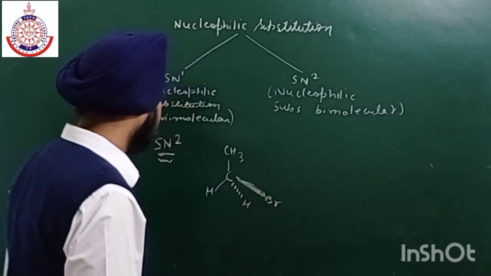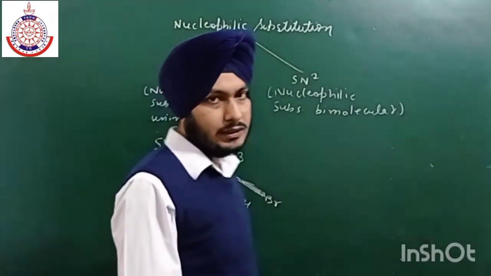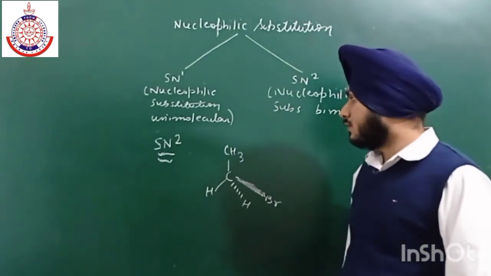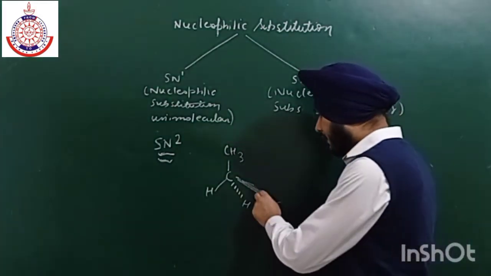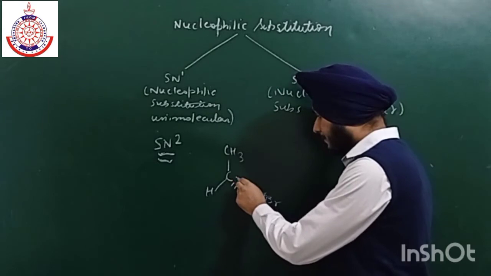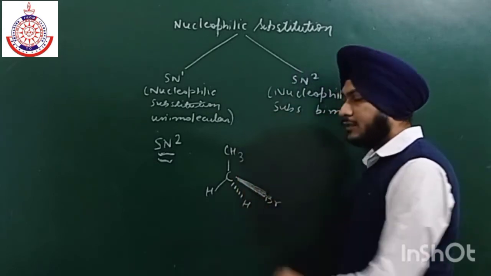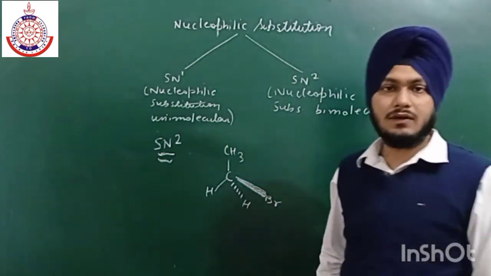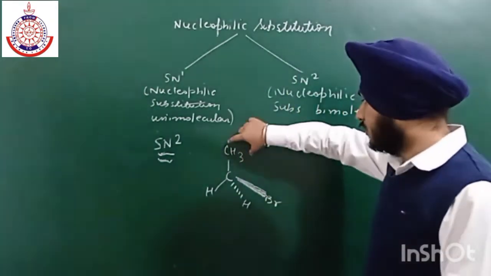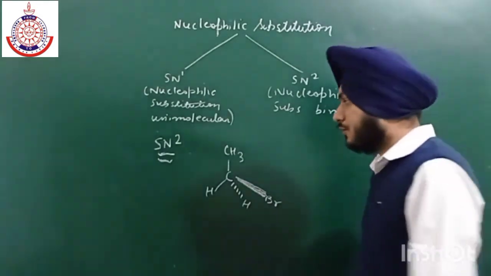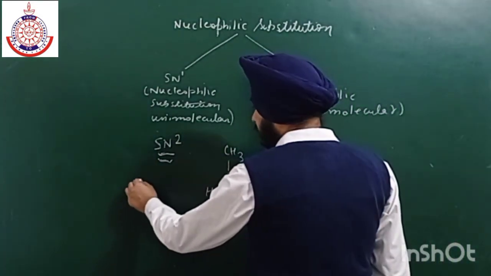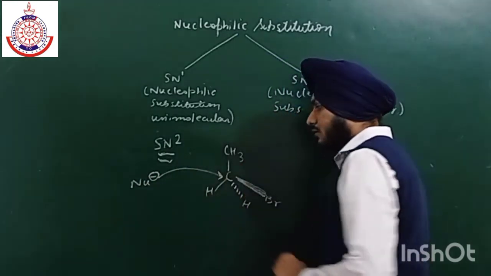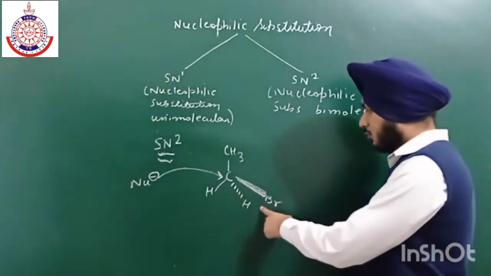Now there are two possibilities of the nucleophile to attack. If the attack takes place from the back side, because there is a hindrance over here due to these groups present, the nucleophile attacks from the back side on the carbon, and this group leaves.